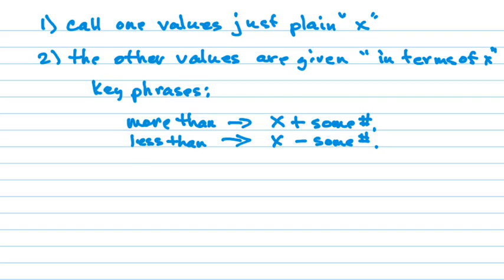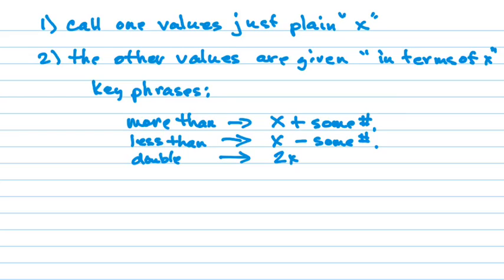Now, double means times 2. So 2X. You could have triple, but that would be very unusual. And that'd just be 3X. A lot of times they won't say double, they'll say twice. Twice, same thing. Okay?